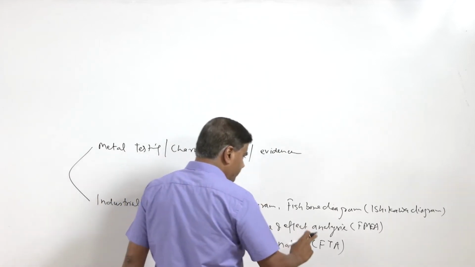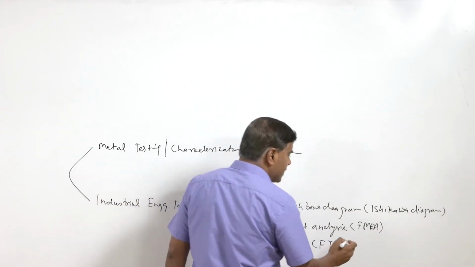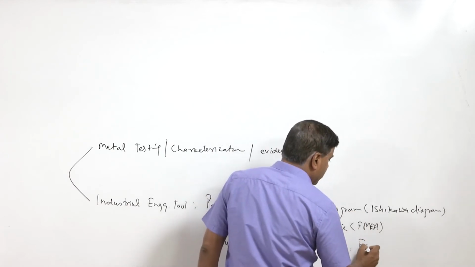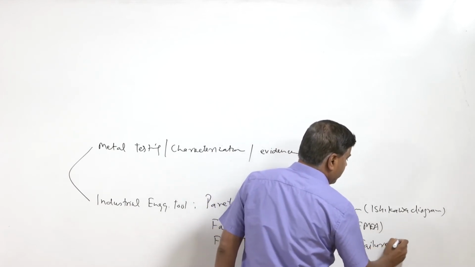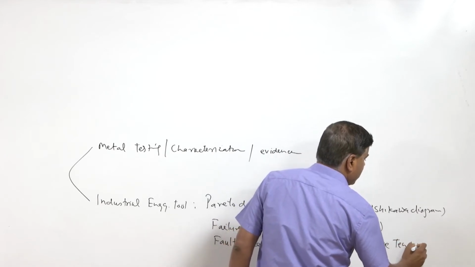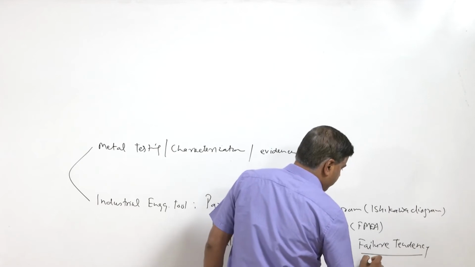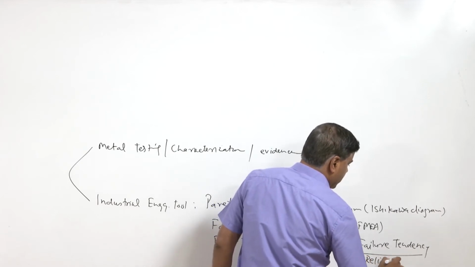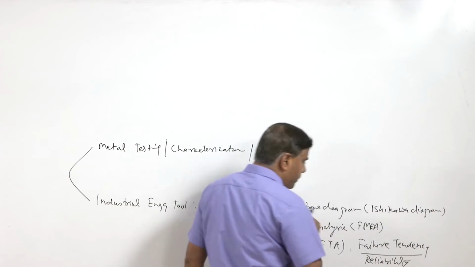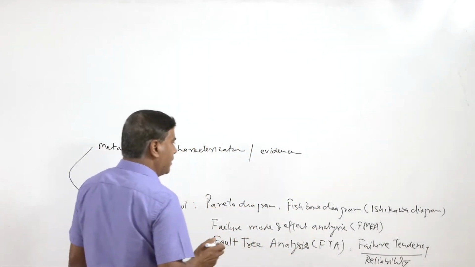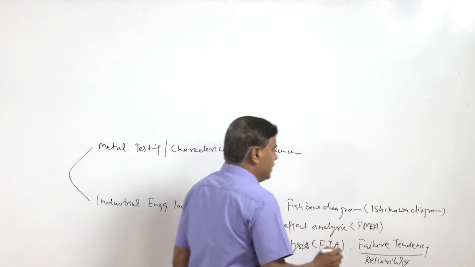And then there is the estimation of the failure tendency, which is normally seen in respect of reliability. So, to predict the failure tendency, to estimate when the failure can occur, there are two approaches.